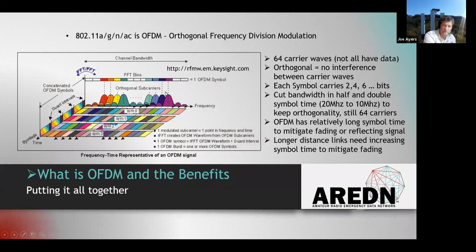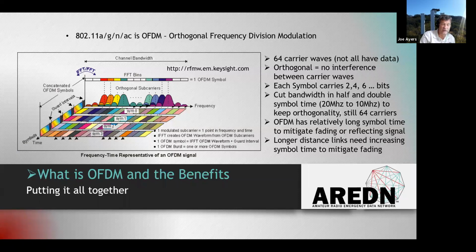So when we go to 10 megahertz, go back to that orthogonality, to keep each carrier wave from trashing one another. We have to double the symbol length to squeeze it into half of the bandwidth.